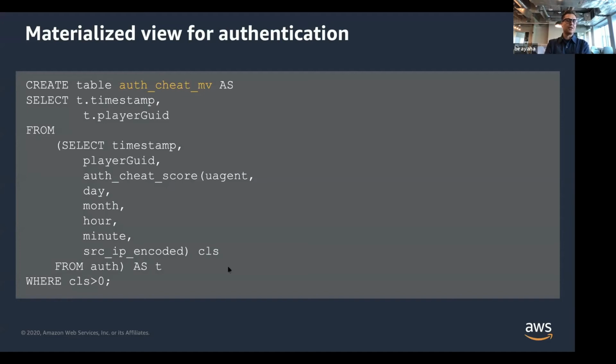In the authentication case, we're querying the parameters that are the input for the authentication model. In this case, it's the day, month, hour, minute, and the source IP. And we're filtering only the suspicious ones, those with a CLS greater than 0, classified as fraudulent.